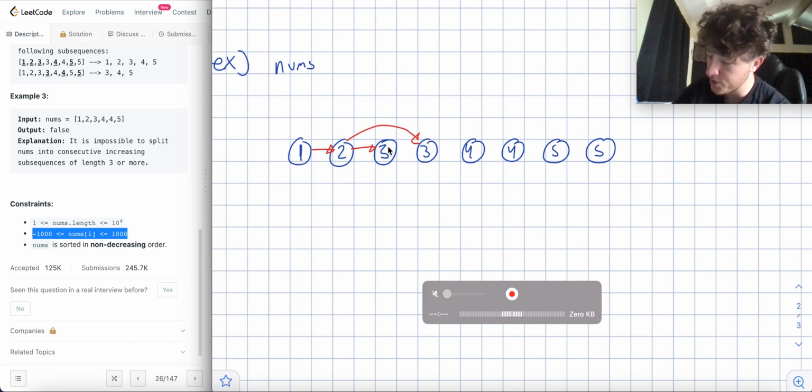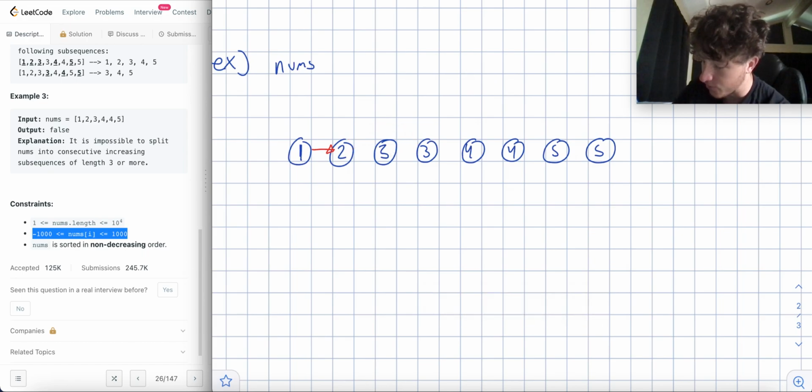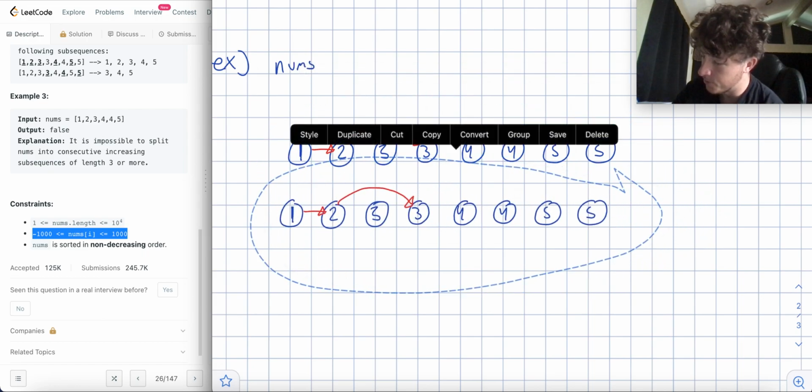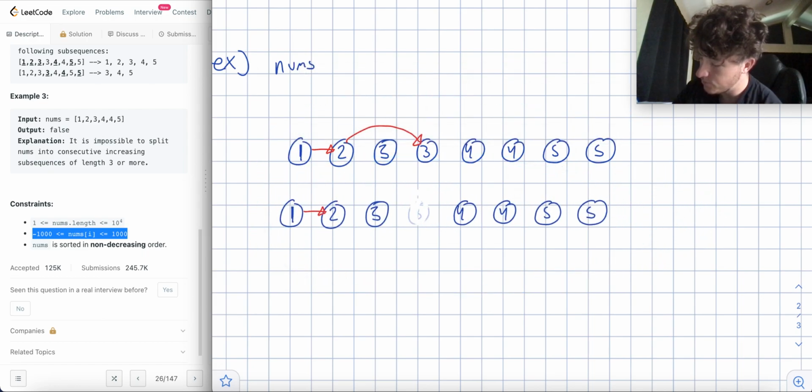So is there some reason why I wouldn't want to do that and instead do this? Is it better to do this, or is it better to do this? Which one of these cases is better?